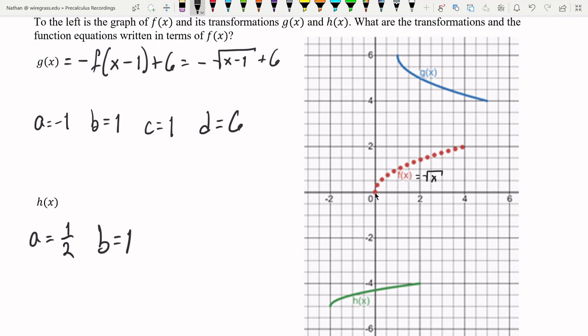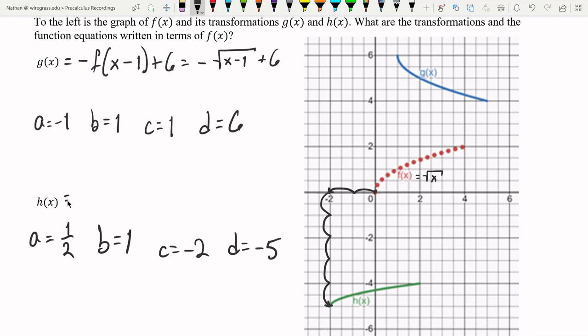And we can see here, right, it's been shifted over 1, 2 units and shifted down 1, 2, 3, 4, 5 units. Since B is 1, that means C has to be -2, right? C over B is going to be this shift here. B is just 1, so C has to be -2 to get that shift of left 2 units. And then D must be -5.